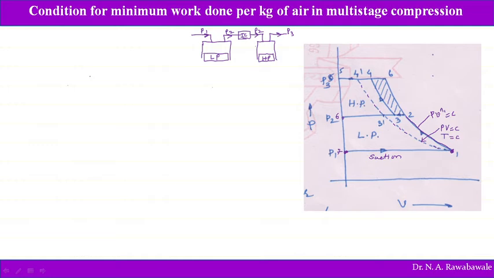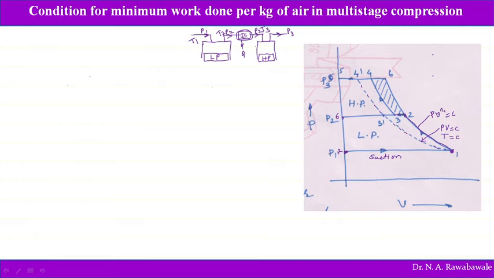Then it is expected that this air, which enters the high pressure cylinder at point 2, is first passed into the intercooler where heat is rejected, and the temperature of the air is reduced. Initially the temperature of air is T1. Then in the first stage the temperature reaches T2. After passing through the intercooler, the temperature gets reduced to T3, say.